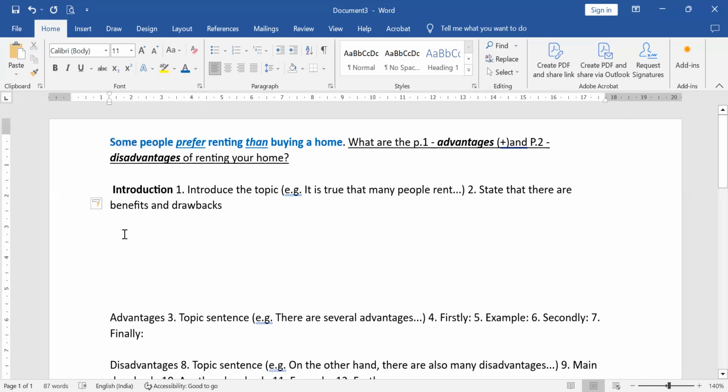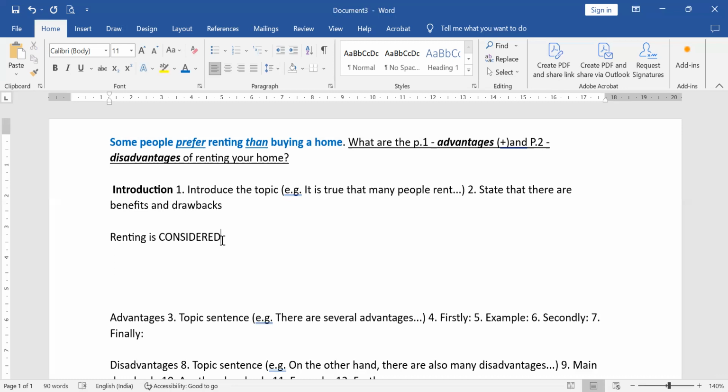So I would say renting is considered. You understand when I write considered? It's not my opinion. I'm not saying go for renting. If I write renting is better than buying, it means it's my opinion, although I don't write I think, it's still emphasizing that it is something which I'm saying.